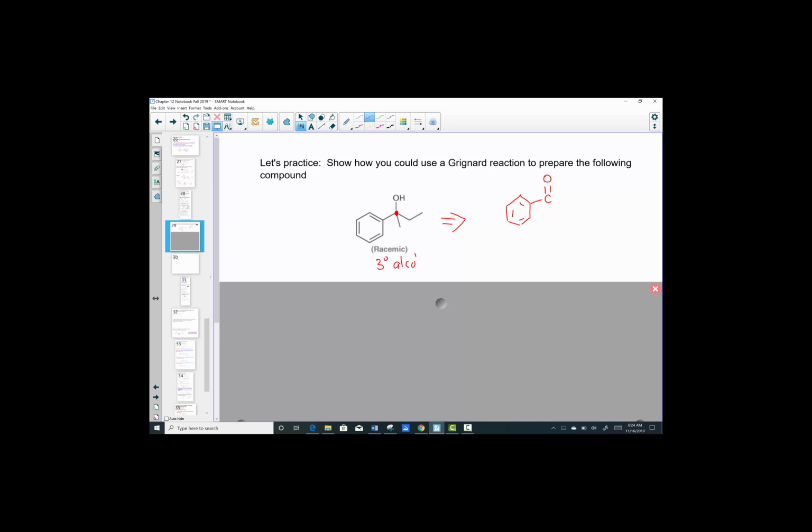And then I want to just take a look at what else is attached. I can see that attached to this is a methyl group. Attached to it is an ethyl group, and attached to it is this benzyl group, this phenyl group, if you name it according as a substituent group there. So really we have some choices. If I had started with, let's say, a 2-carbon chain, the ethyl group, I could use a Grignard reagent to introduce the third, this methyl group.